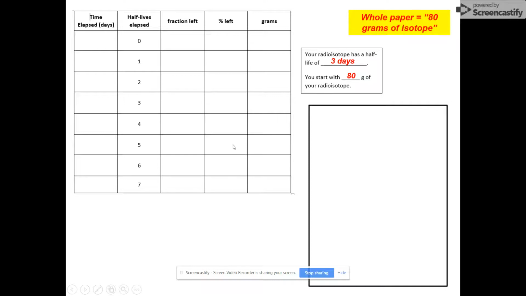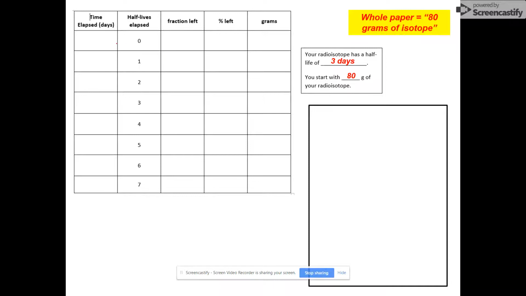We're going to go through just a little folding thought exercise as we try to just wrap our brains around half-life. Okay, so we've got a radioisotope with a half-life of 3 days, and we're starting with 80 grams of our radioisotope. Doesn't matter, it's an imaginary radioisotope. Okay, so this whole piece of paper represents 80 grams of our isotope.